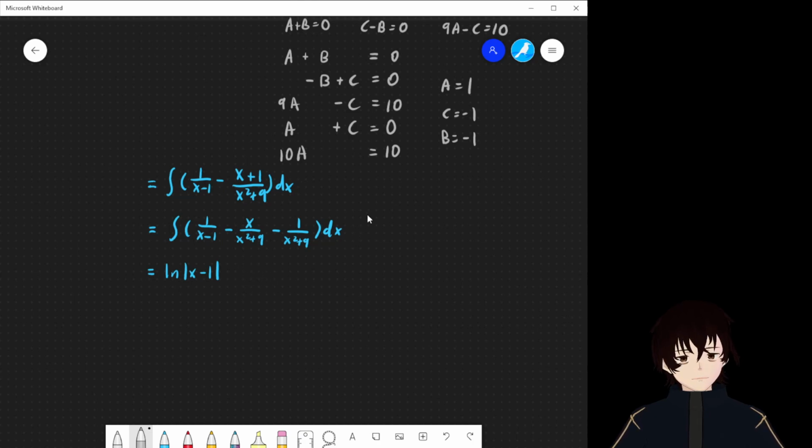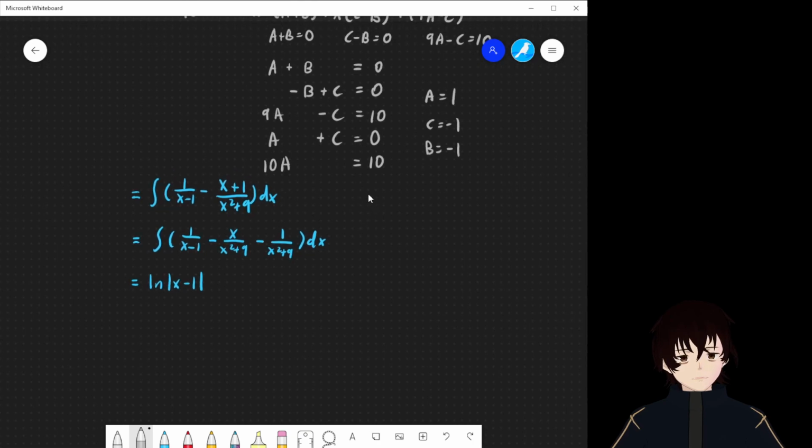If we want the integral of x over x squared plus 9, u is equal to x squared, du is equal to 2x, so we get the integral of 1/2 times 1 over u plus 9 du.